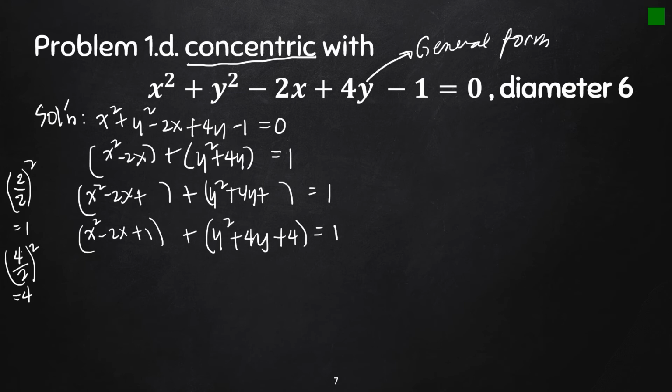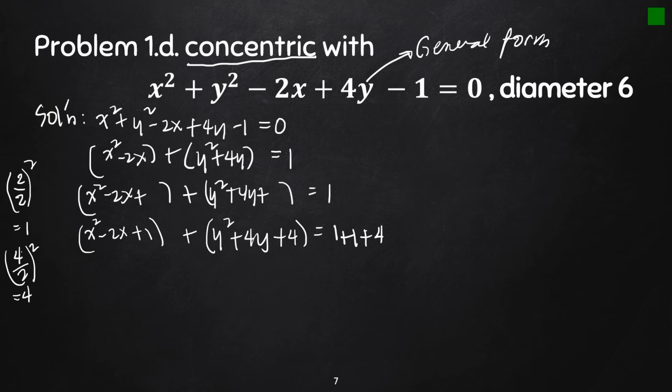Now remember, and this is the common error of most students, whatever you add on the left side of the equation, you also need to add to the right, to maintain equality. So this is 1 plus 1 plus 4. Now the next thing that we're going to do is express this as a square of a binomial.